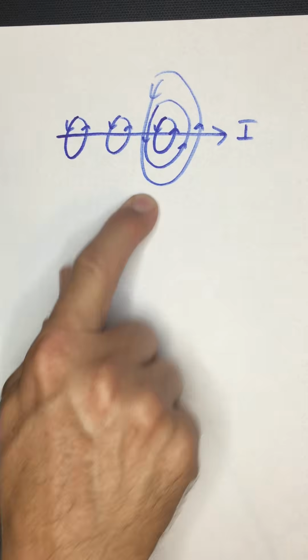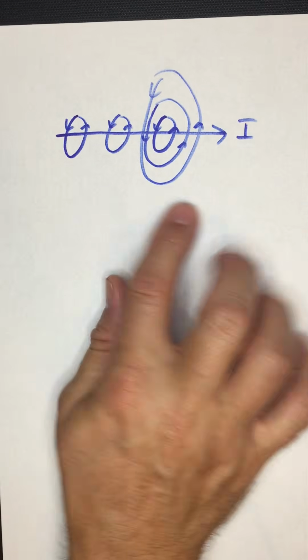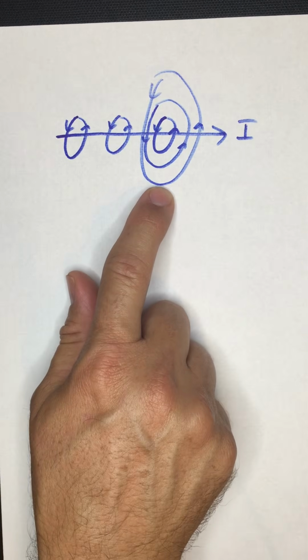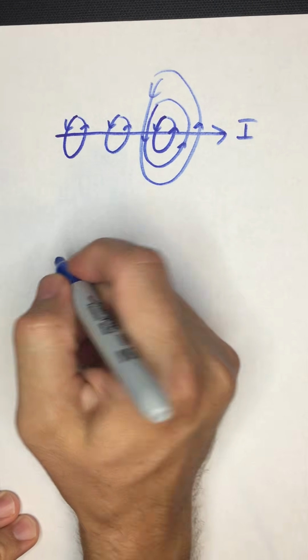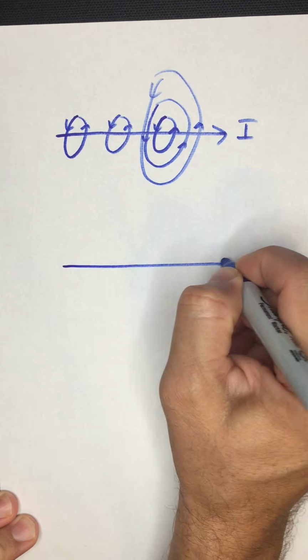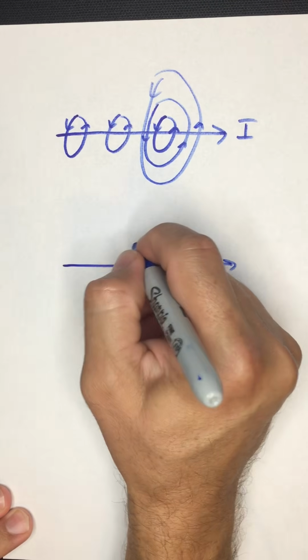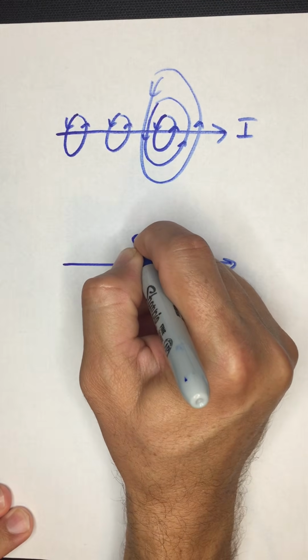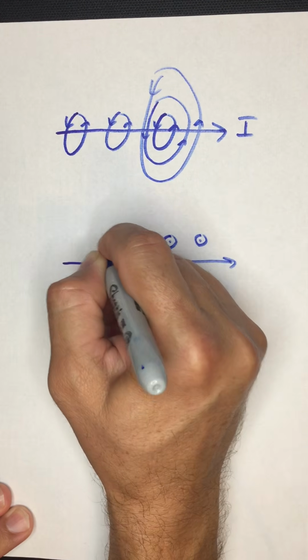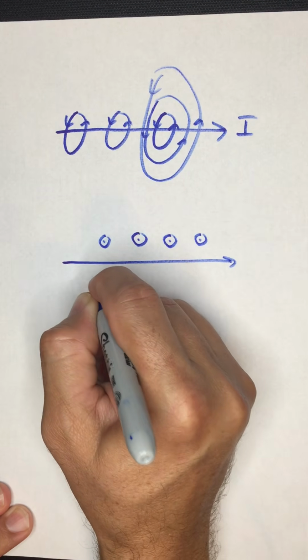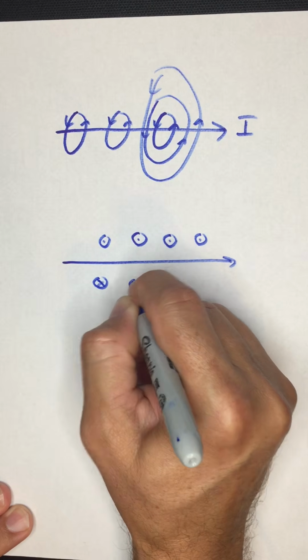Well, first of all, I would say this is a little bit hard to read, and that comes because I'm on a two-dimensional surface, and I'm dealing with this three-dimensional system. So let me draw this a little bit more rigorously. Here's my current, and here is my magnetic field.